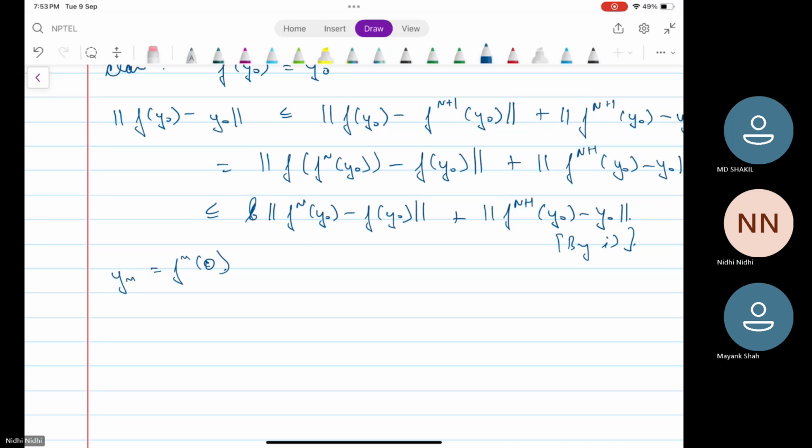Then only we can use the convergence of yn, for sufficiently large n. Basically, that's the main idea: for n tending to infinity, yn is tending to y naught.